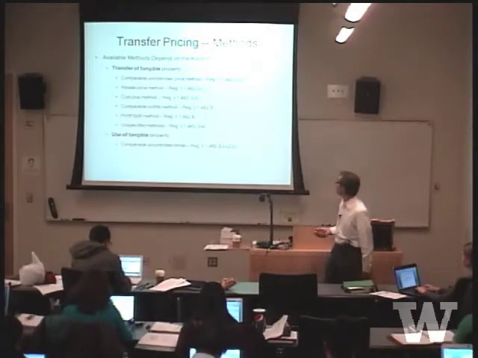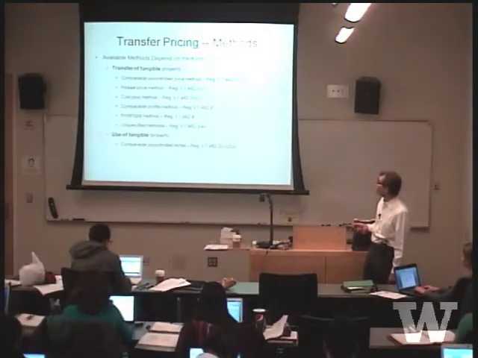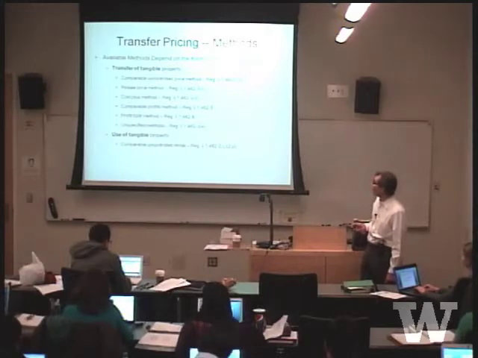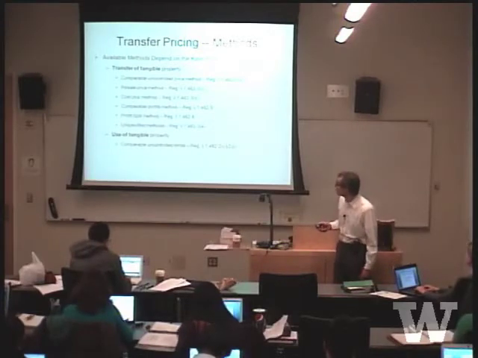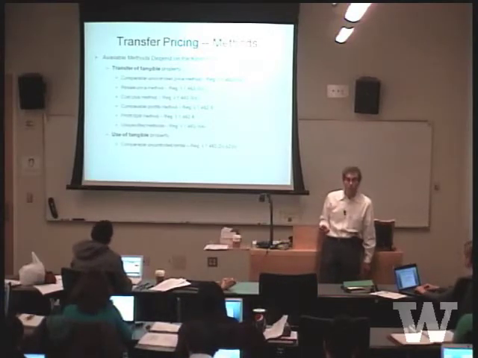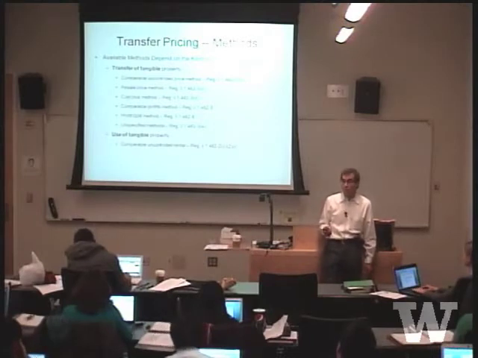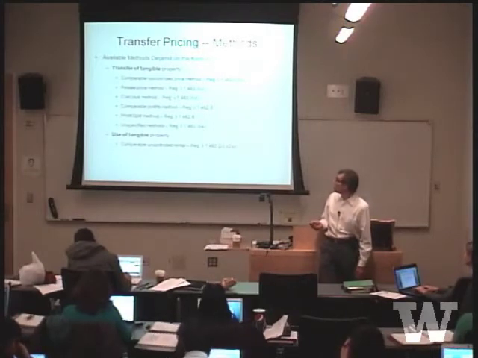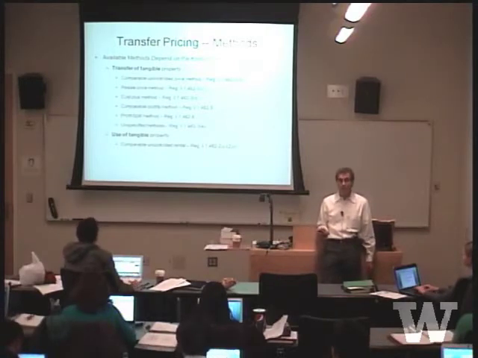Now, you'll notice that pretty much for every type, as we go through the slides, you'll find something regarding comparable uncontrolled price, or, as Ben was saying with regard to intangibles, the comparable uncontrolled transaction method, which he abbreviated as CUT, C-U-T.